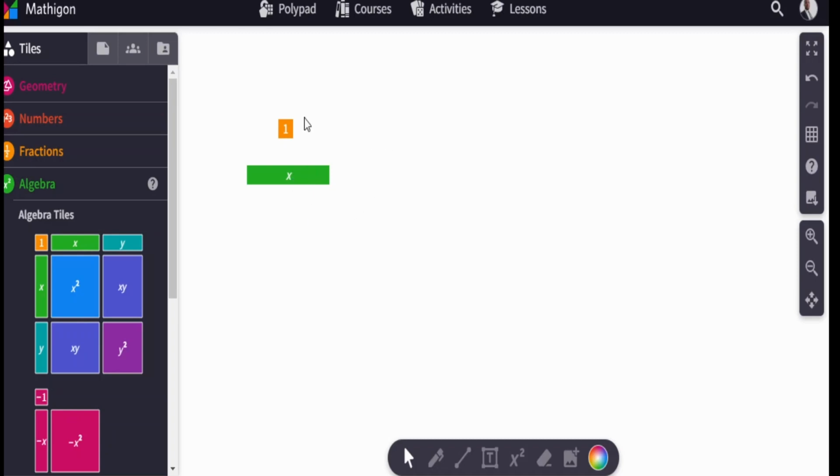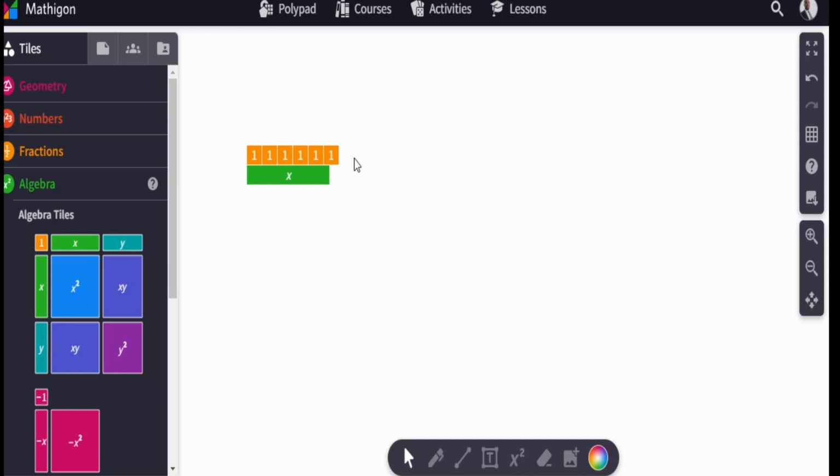There is no number of 1 unit tiles that can fit exactly onto the length of the X tile. Let me show that for you. So we have 5 unit tiles that don't fit exactly. Immediately I add a 6th one, you see that it is longer than the X unit.